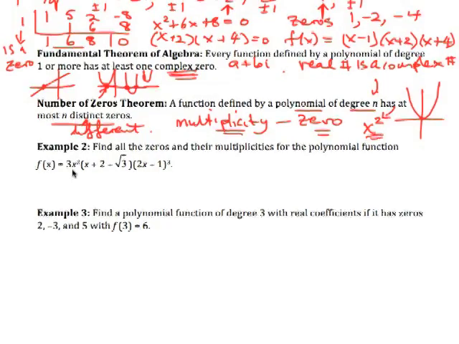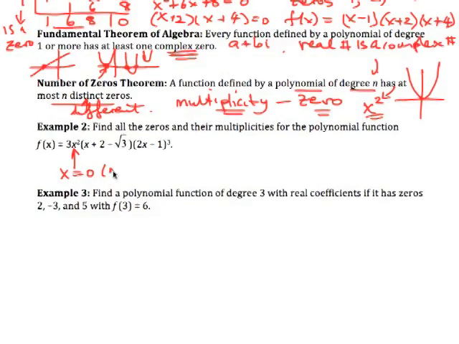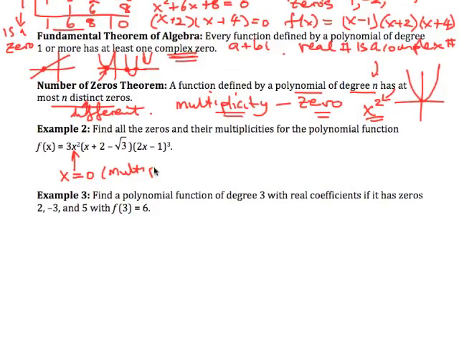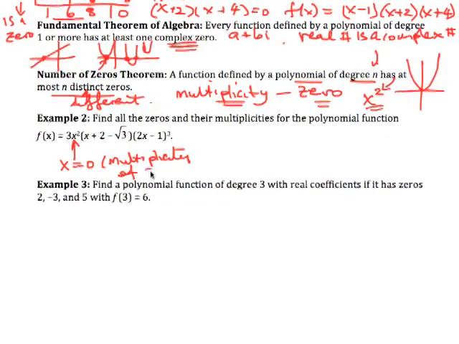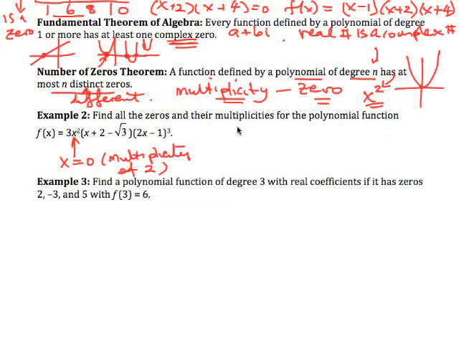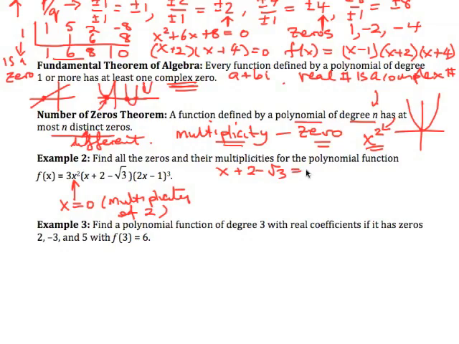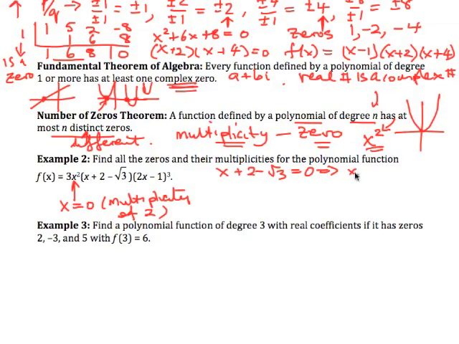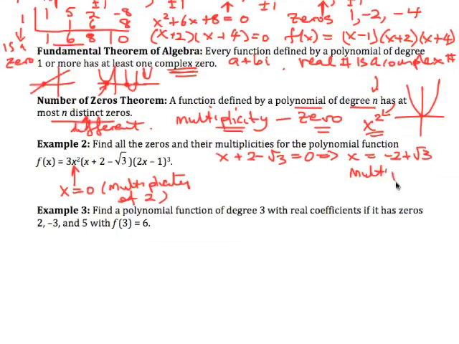So if you look at this example here, a 0 here is x equals 0, and it has multiplicity of 2. If you look at this 0 here, when this is equal to 0, this implies that x is equal to -2 plus root 3. And there's only one of them, so it has multiplicity 1.